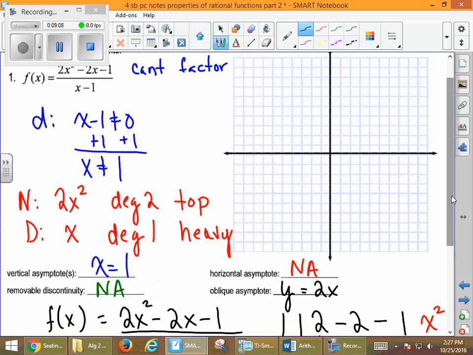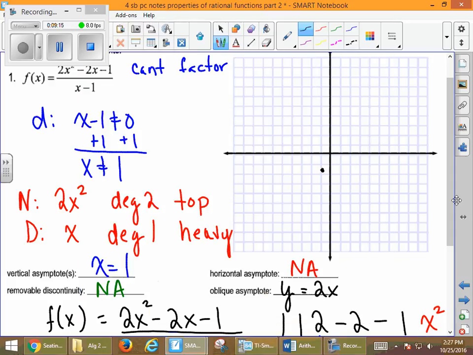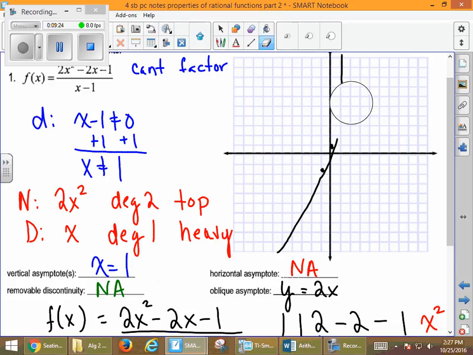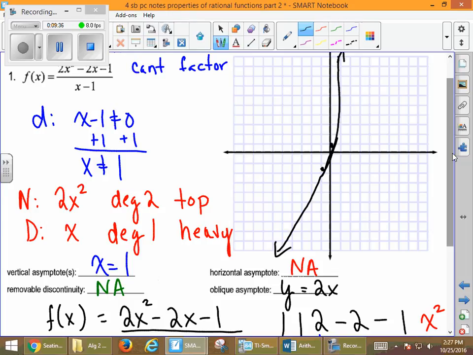So negative 1 and negative 1 1/2, and 0, 1. And if we look at our picture again, it looks something like that, and I want to just modify that and tease it like this. One of the reasons that I knew to modify that is because earlier on we'd already done x equals 1. We have a vertical asymptote here.